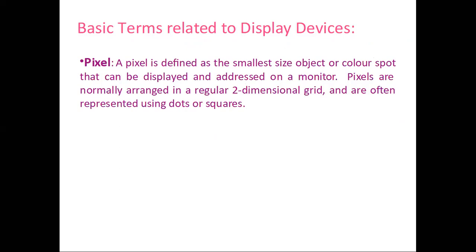You can consider this screen as a collection of grids, like a graph paper. It has some vertical rows and some horizontal rows that make different squares, and each square is represented as a pixel.